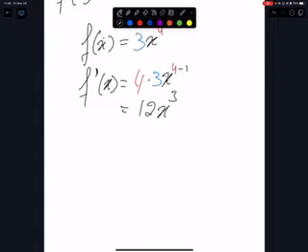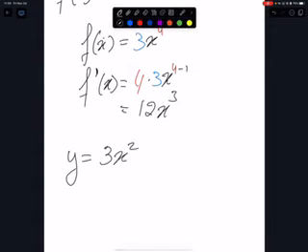You have a function. Y equals 3x squared. Yes? 3x squared.